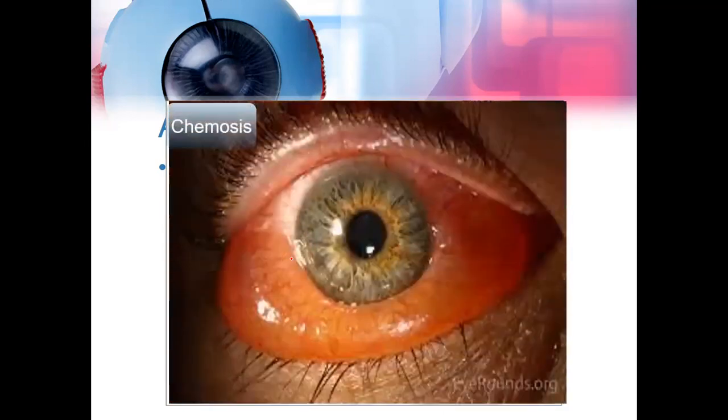So here we have another disease, or not disease, this is actually a sign. Does anybody know what chemosis is? Chemosis. For an extra point, guys, does anybody know what chemosis is?